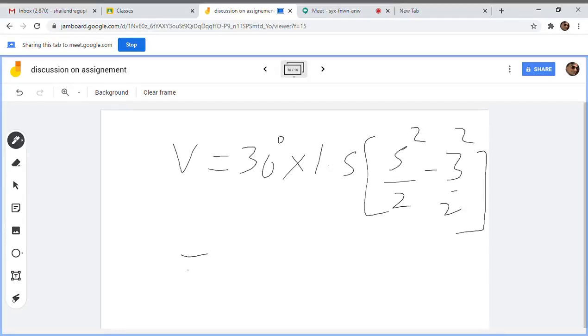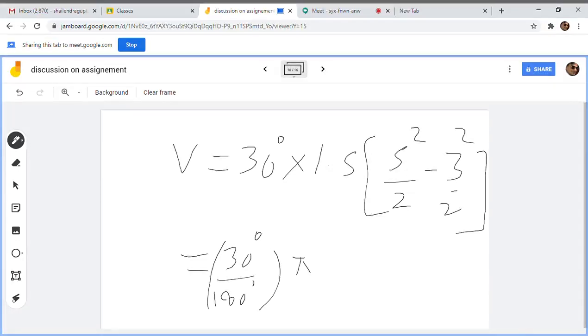30 degree you need to convert into radians. So 180 degree is equal to pi radians. If you divide 30 degree by 180 degree, this will be equivalent to pi by 6 radians.